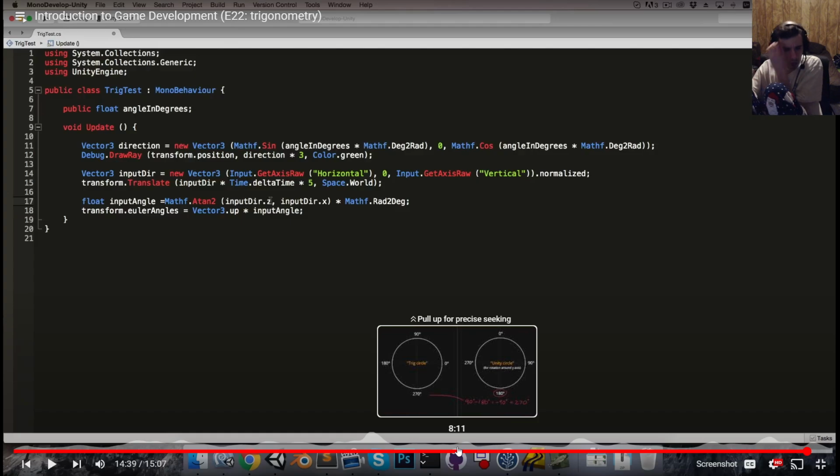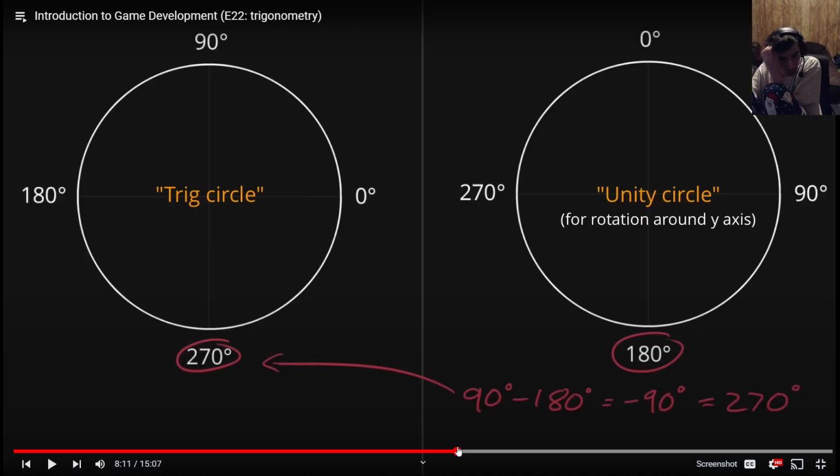Okay, and why does switching them work again? Oh, I see, because it just rotates it by 90.